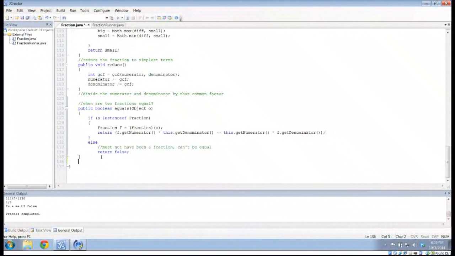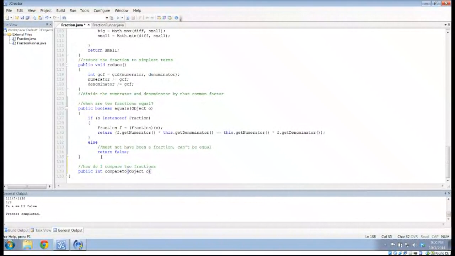So I want to analyze it the same way. How do I compare two fractions? So I'm going to do public. Remember that the compareTo method should return an int. And I'm also going to have an object. I have no idea what I'm going to be given.